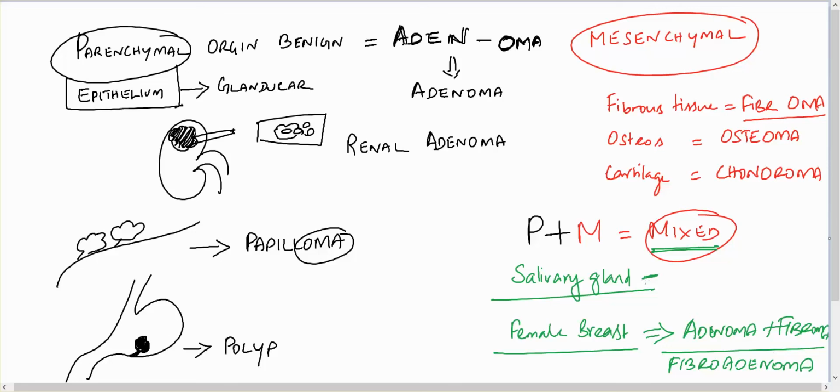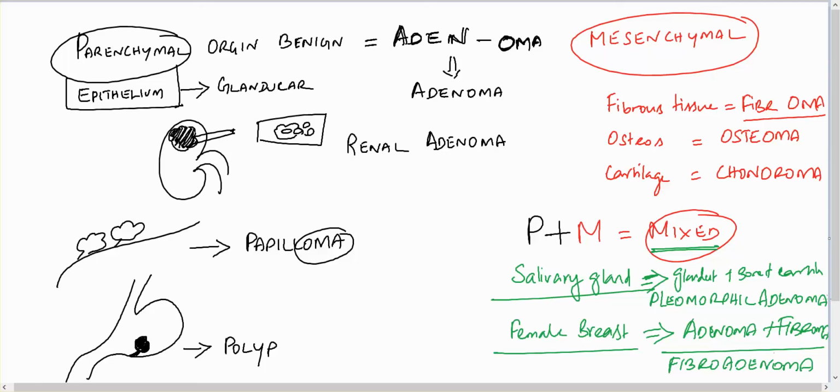Whereas in the salivary gland, especially in the parotid gland, they have glandular structure plus bone plus cartilage like that. So they have multiple tissue, variation of tissue. Variation means it is called pleomorphism. Pleomorphic adenoma.